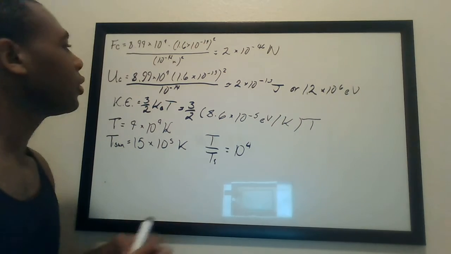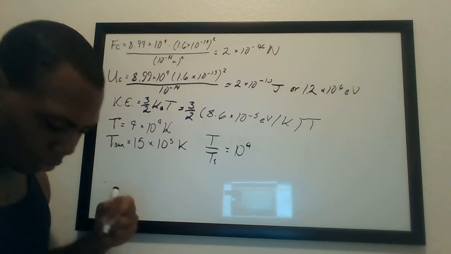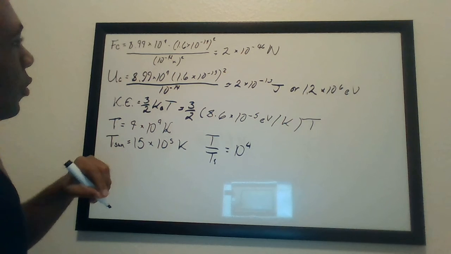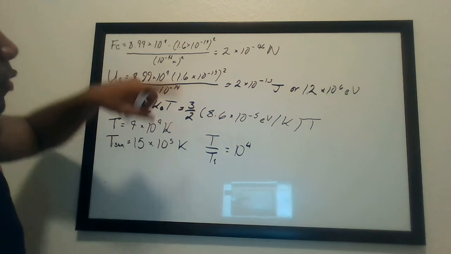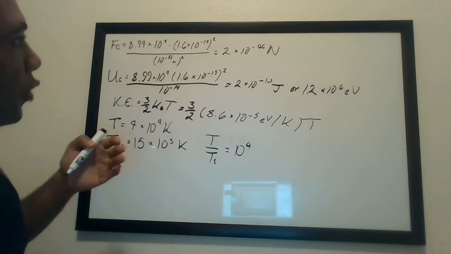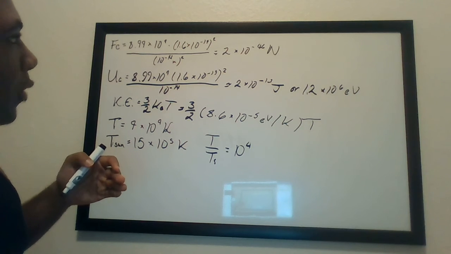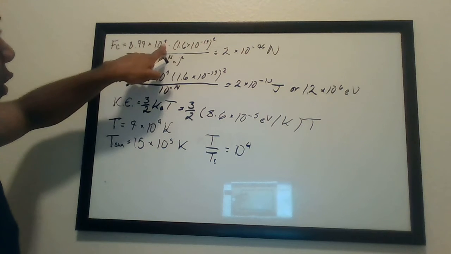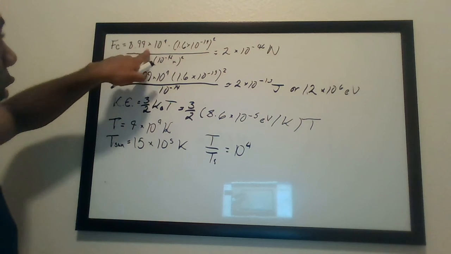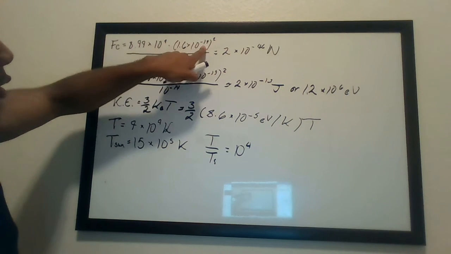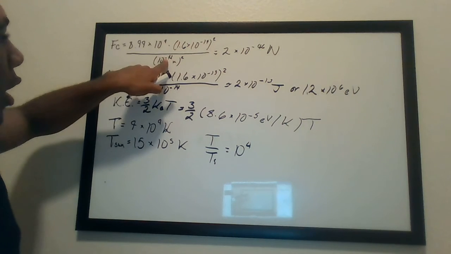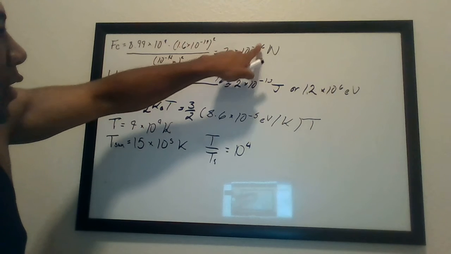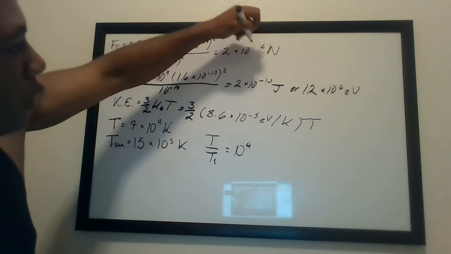Okay, so this is 10 to the 28. Yeah, see, already this gives you the opportunity to see that something seems off here. This has to be 10 to the 38. If this is 10 to the 10th, all this is 10 to the 10th. And this is 10 to the 38. This is 10 to the 28. 10 to the 28, add that. This has to be 10 to the 56 newtons.